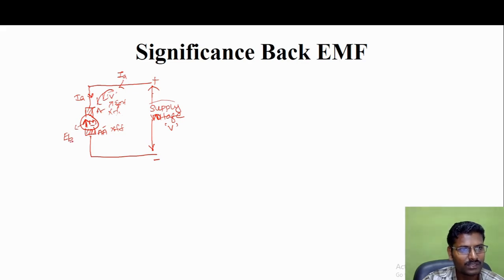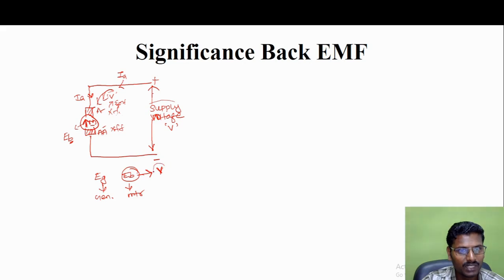So it is known as back EMF. In generator it is denoted as EG, but in motor it is denoted as EB, because it opposes the input supply V, right?